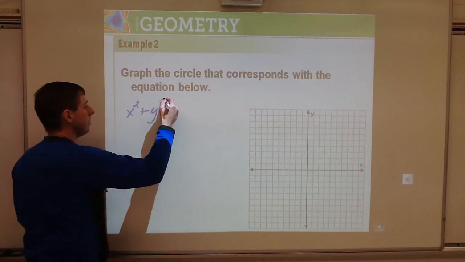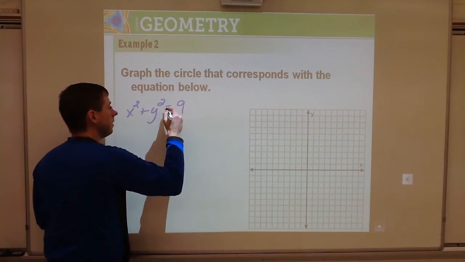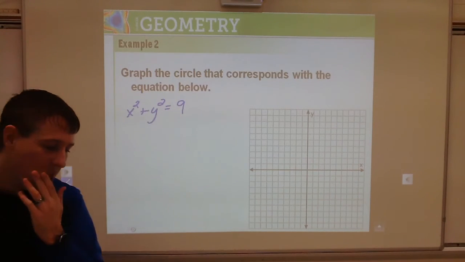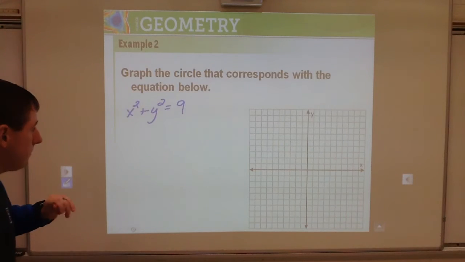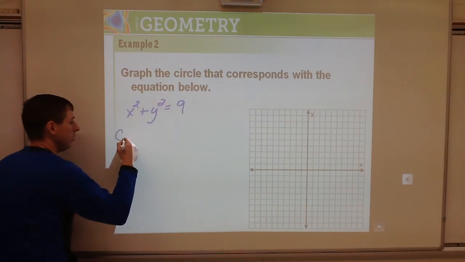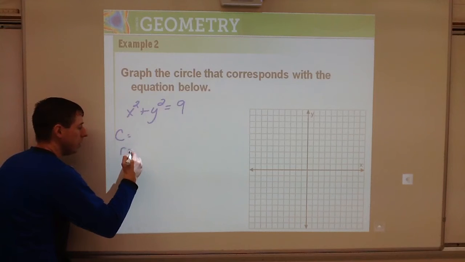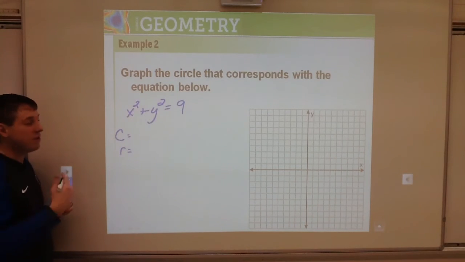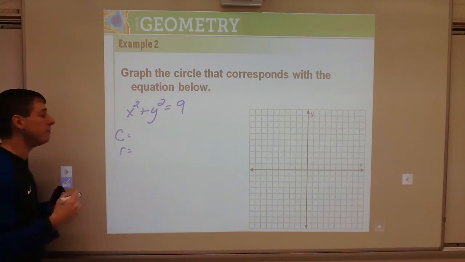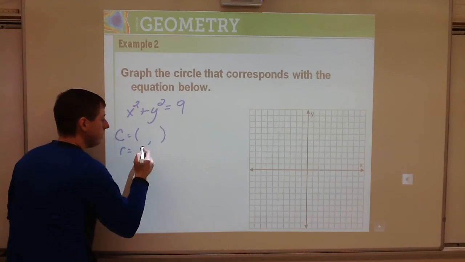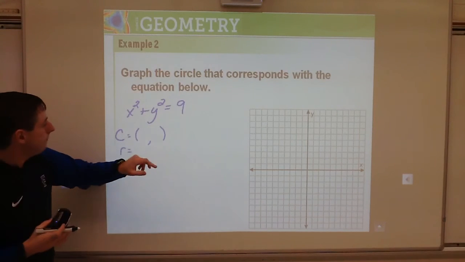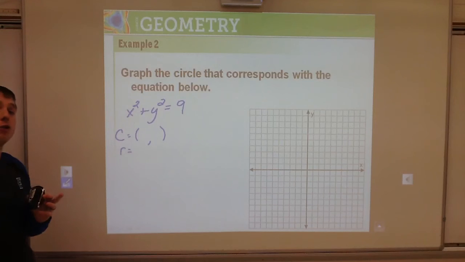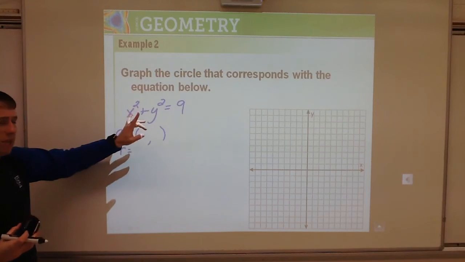X squared plus y squared equals 9. If I give you that equation, what you have to figure out is, what's the center and what's the radius? If you can figure those out, then you pretty much got the question done. The center is the coordinate. Remember, the center is your h and your k. But this one is kind of a special one.